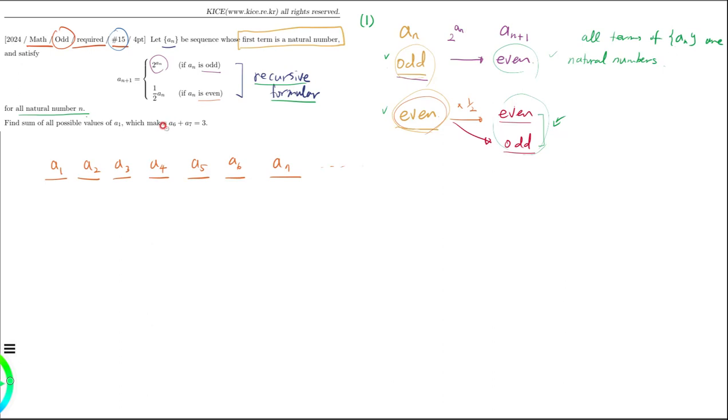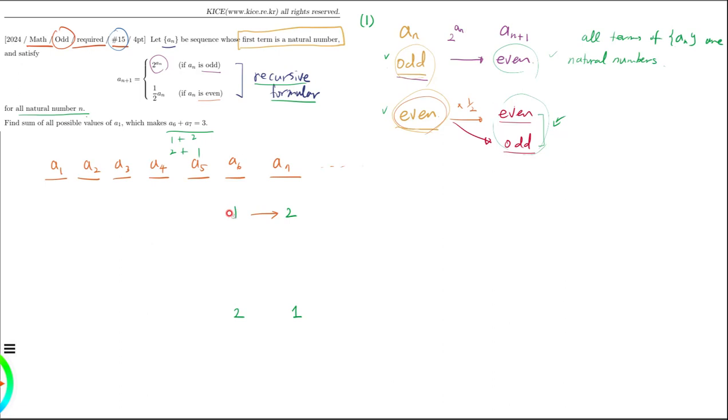Okay, so if the sum of the sixth term and seventh term is 3, which means either it is 1 plus 2 or it is 2 plus 1. We have only two cases, and does it make sense?